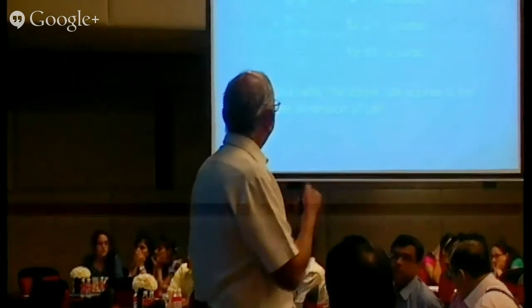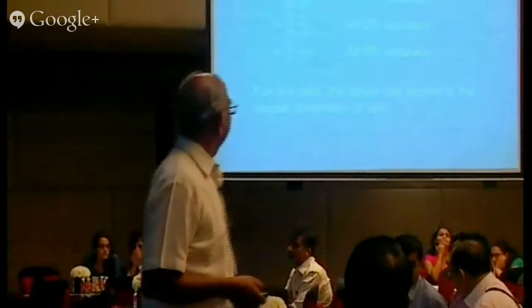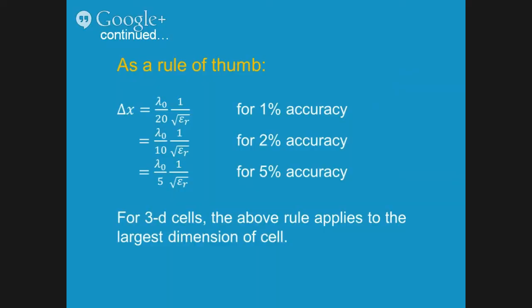But as a rule of thumb, delta x should be around lambda by 20 for 1% accuracy, where lambda is the wavelength in that particular medium. For 2% accuracy, it should be around lambda by 10. And if you want a crude approximation like 5% accuracy, you can have even lambda by 5, a bigger cell size.